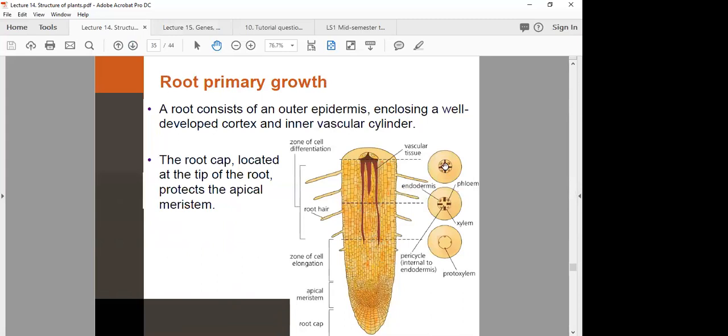The dark region here, which looks a bit like a star, this is the xylem tissue, and in this case, it's referred to as exarch xylem. Then here, at 4 points, we find cells of the phloem, and collectively they're referred to as the vascular cylinder.